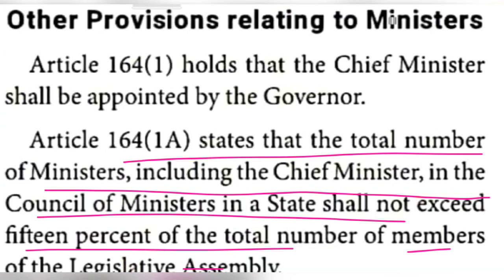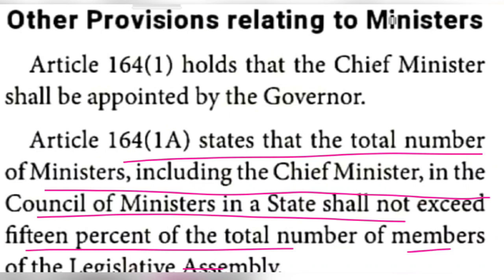Totally 234 members, plus one member, totally 235 members. We are electing 234 members on the basis of adult franchise, and we are sending them into the legislative assembly.